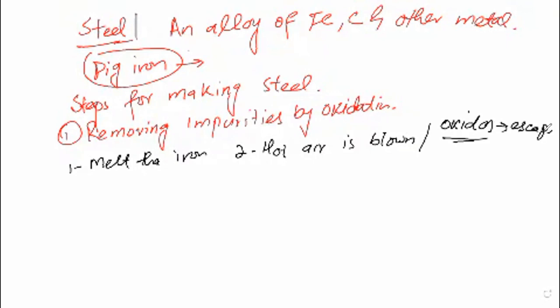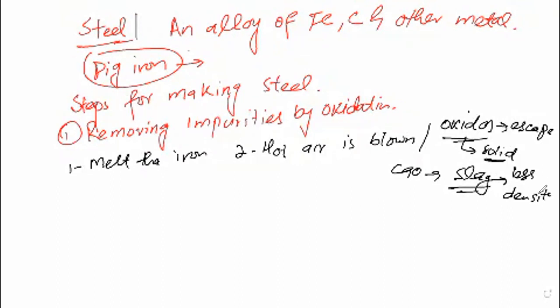But if the oxides are solid and they are not going to be removed, they react with the calcium oxide, and in this way slag is formed. It has less density, and it stays above the iron.